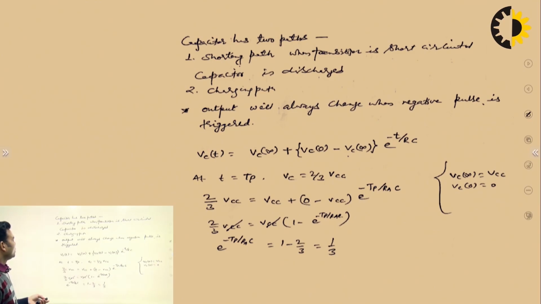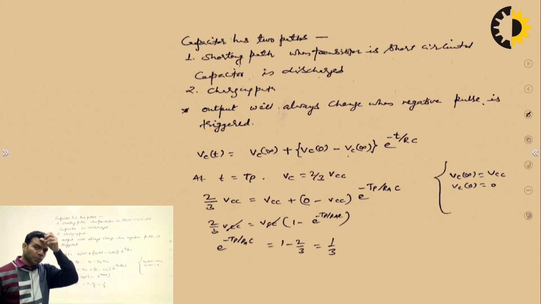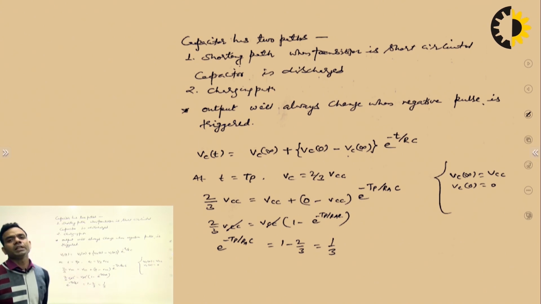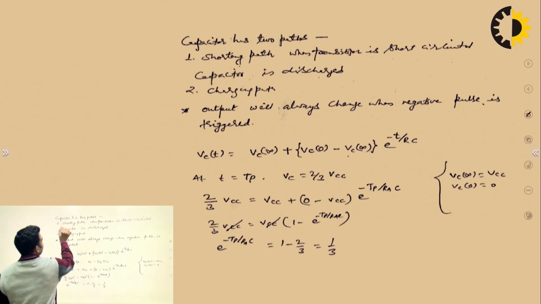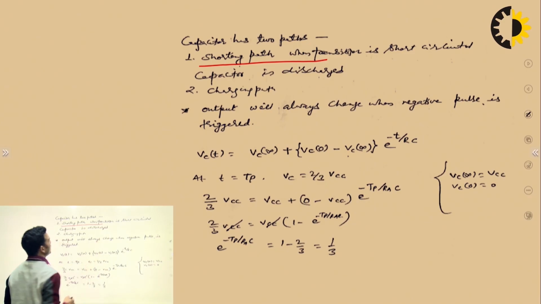Now actually I want to find out the value of time for which output will remain in the changed state. So there are two paths: shorting path when transistor is short circuited, capacitor is discharged, and another one was the charging path. So output will always change when negative pulse is triggered.